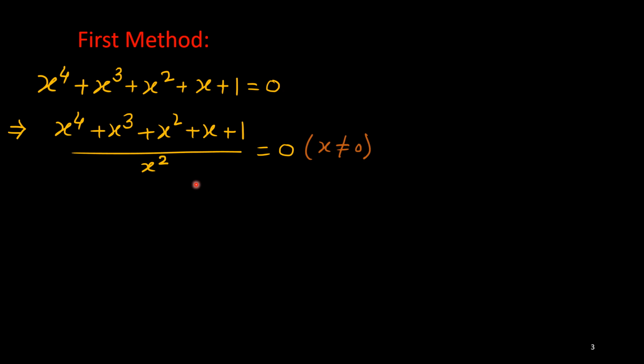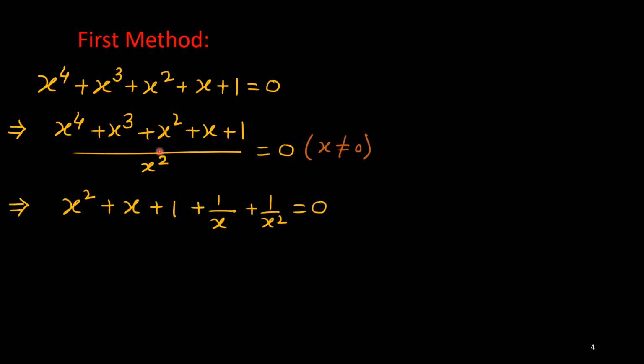We'll use the fact that x is not equal to 0. Obviously x equal to 0 is not a solution of this equation, because if I put x equal to 0, it gives 1. So x equal to 0 is not a solution.